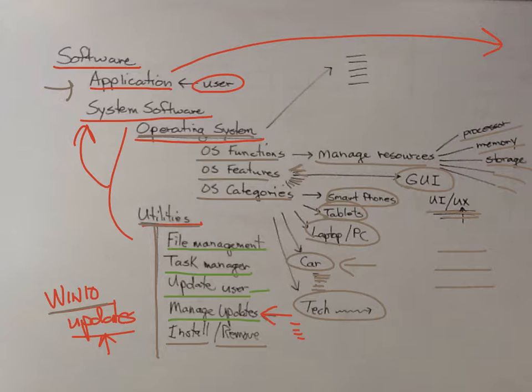So we listed operating systems. We listed Windows, Linux, Mac, Android, iOS, and so forth. There's a few of them students mentioned that weren't exactly operating systems. We'll talk more about that later on.